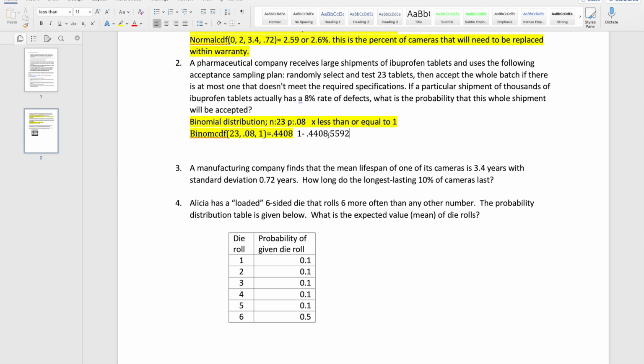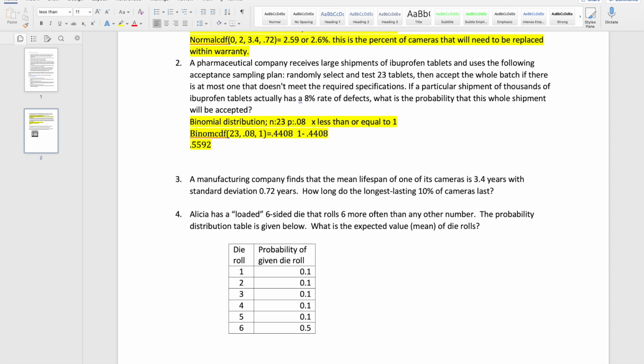There it is. 0.5592, a 55.92% chance that this will be accepted. Because that's a reminder that the rest will be the opposite, the inverse, that they will work.